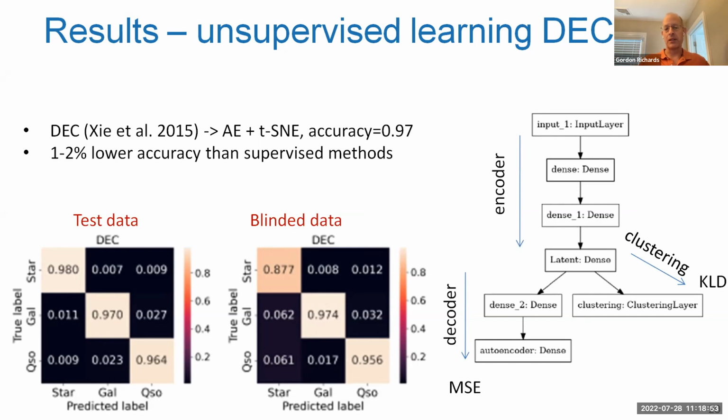I think the accuracy is sort of misleading, as Weixiang said, because the data is a little biased. That also means we shouldn't be distracted by the 1 or 2% lower accuracy. If you had a truly blind data set, I think you might find that something like this works pretty well.